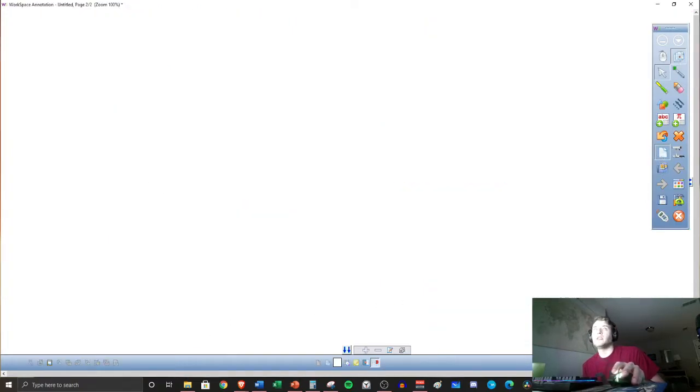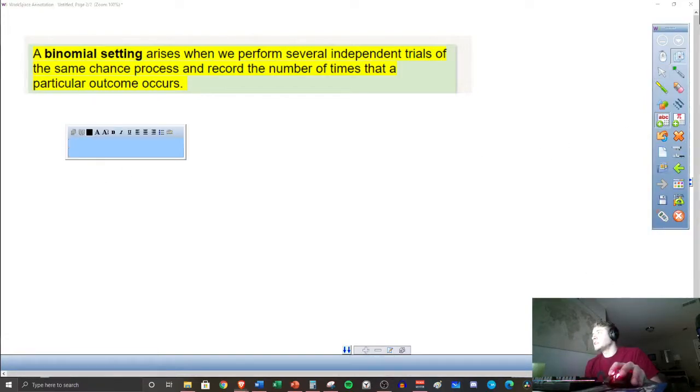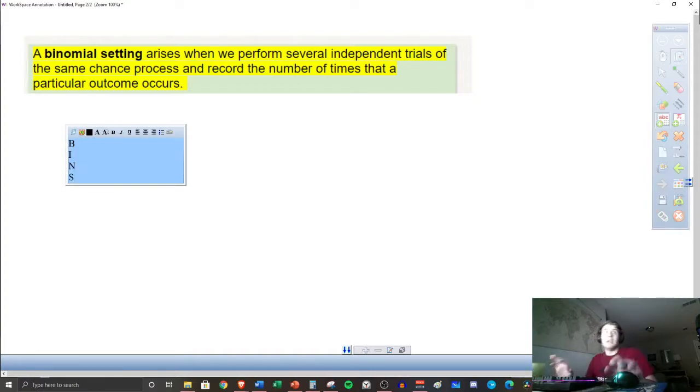Let me start a new page here. We're going to write down some definitions. So let's go ahead and write this in our notes. A binomial setting arises when we perform several independent trials of the same chance process and record the number of times that a particular outcome occurs. Okay? Now, how we identified it, we already wrote out these rules on the last slide. Okay? But we're going to use what's called BINS.